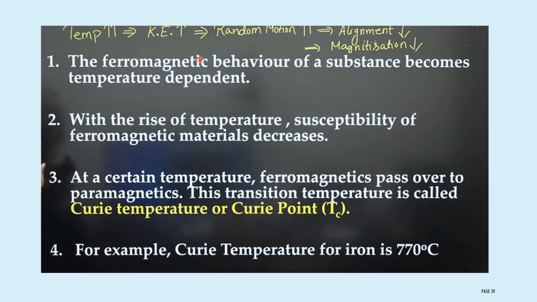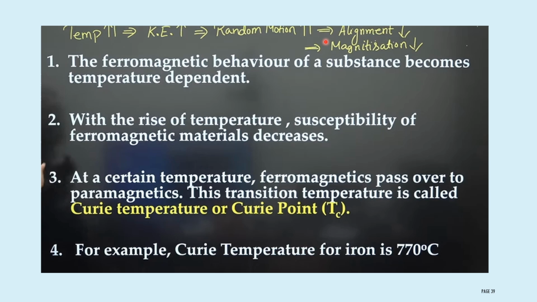First point, the ferromagnetic behavior of a substance becomes temperature dependent. In the case of a ferromagnetic material, when temperature increases, the kinetic energy of the atoms increases. When the kinetic energy increases, the atoms start moving randomly. When they start moving randomly, the alignment of atomic dipoles gets disturbed.